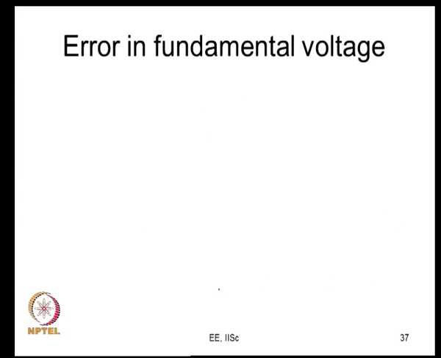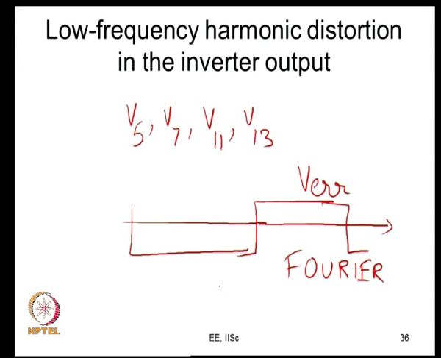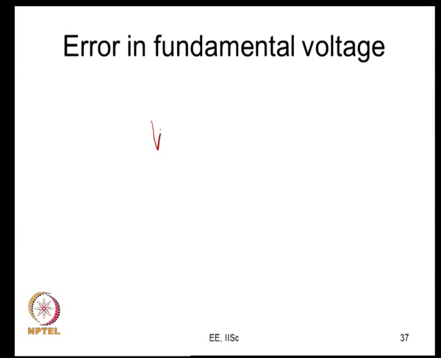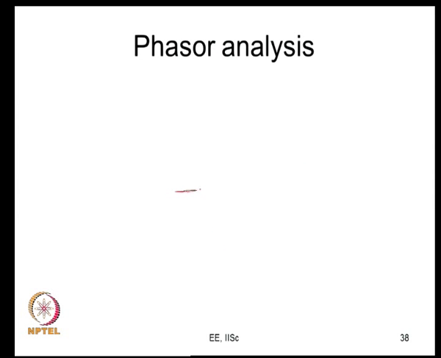The next thing is about the fundamental voltage. The square wave also has a fundamental component, and that fundamental component is 4 by pi times the average error voltage that you have. So, you can look at it as there is some ideal fundamental voltage and a certain current.